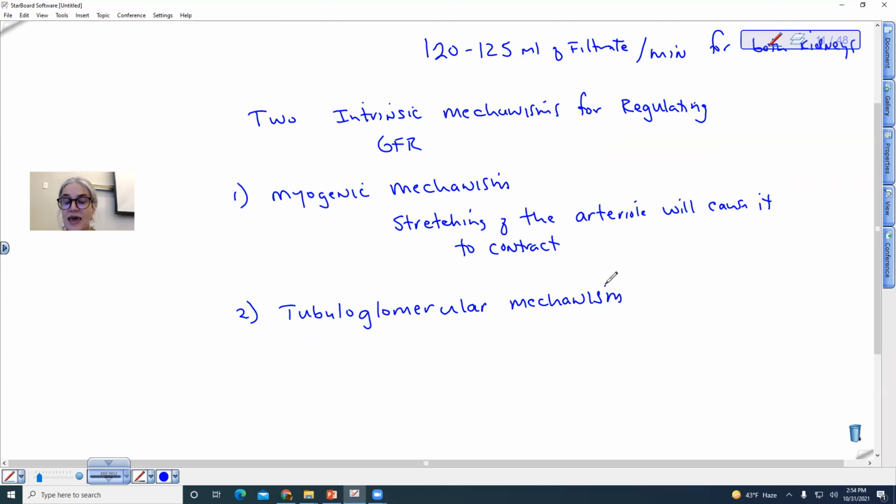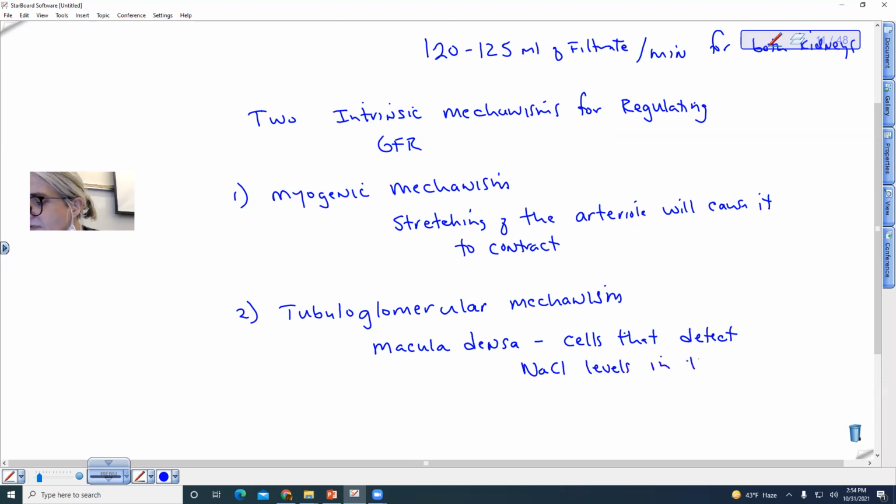We have a specialized set of cells called the macula densa. These are cells that detect salt levels, NaCl levels, in the filtrate. Now, salt is one of those things that we actually like to reabsorb. So if there is too much salt in the filtrate that's going out and going to become urine, that means your glomerular filtration rate is too high.